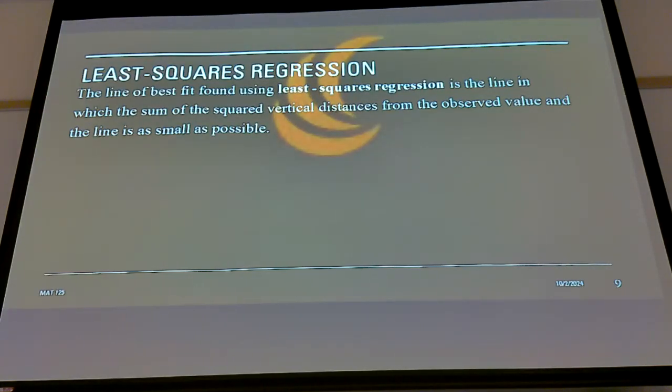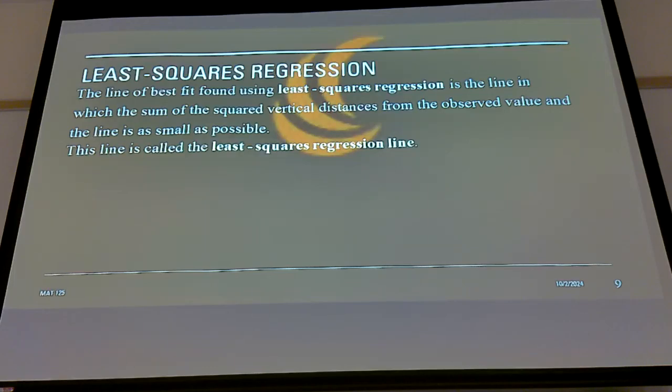Right, so that second scatter plot would be quadratic regression. And again, there are several ways in which you can find that. The line found from this method is called the least squares regression line.